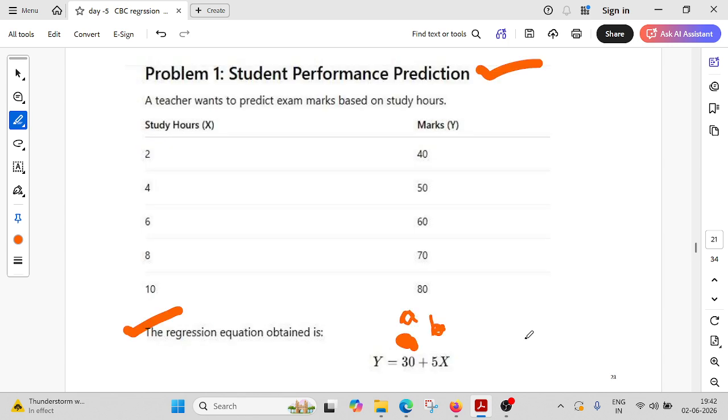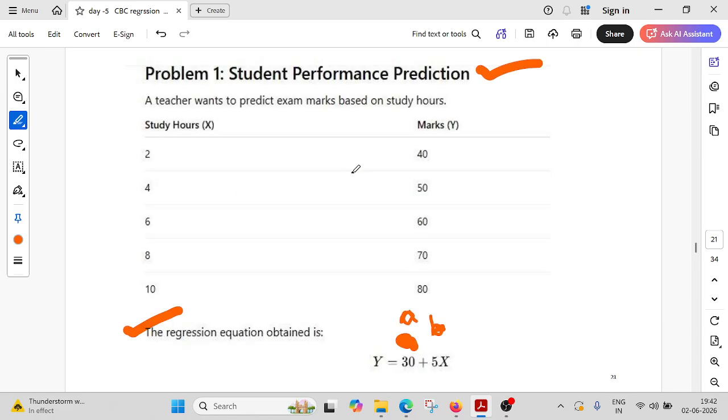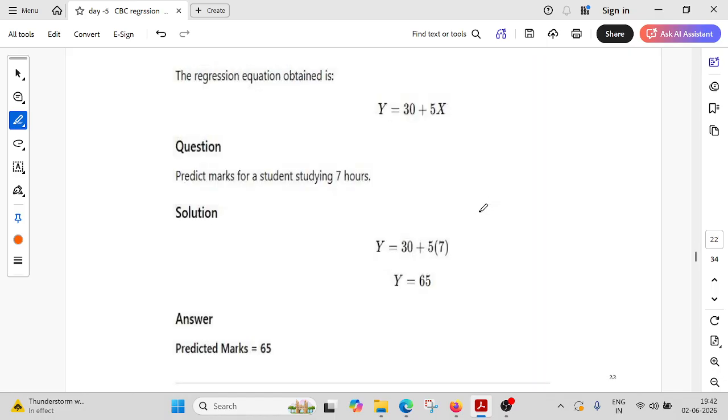So that we are going to find out. Now we can see that this is the regression equation, right? And we'll get the value based on that.